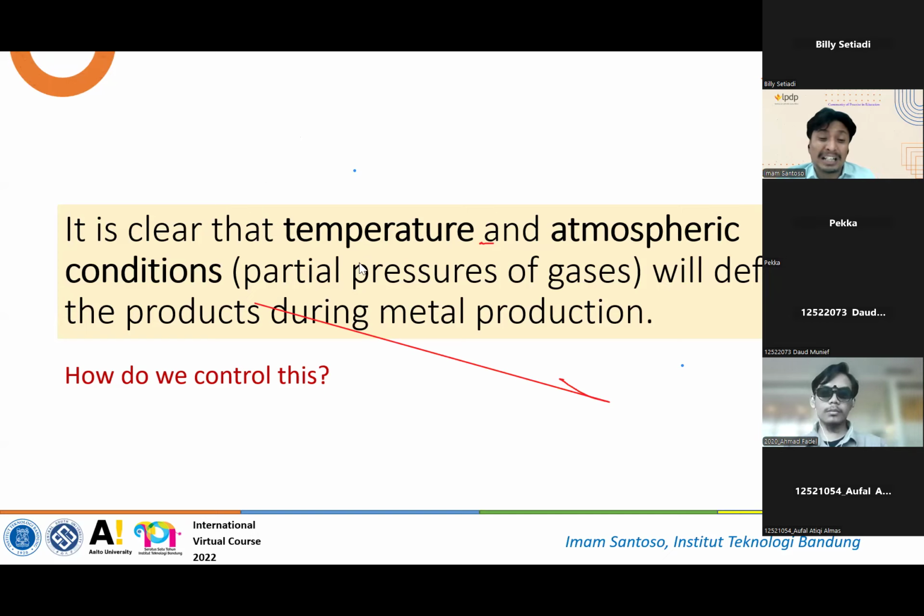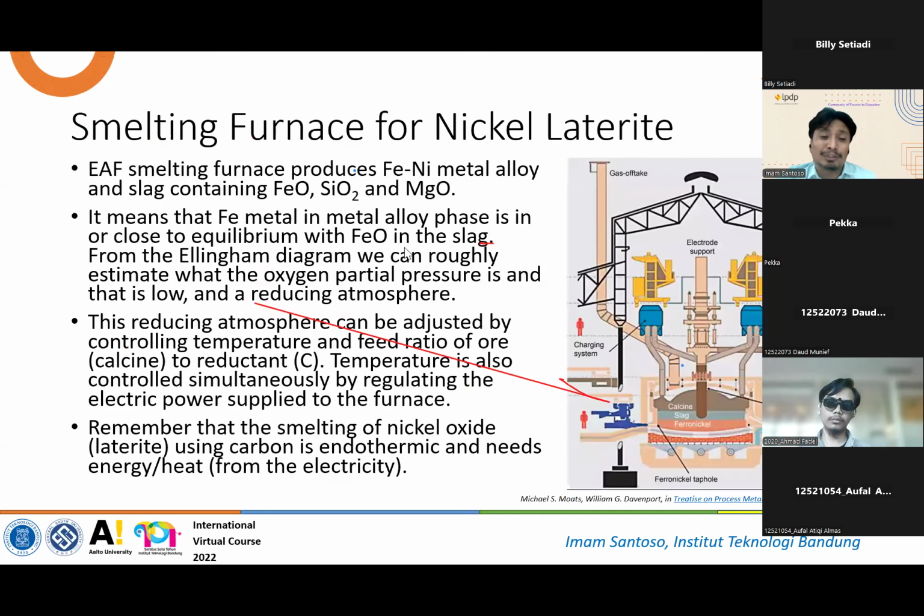If you define temperature, you will define the Gibbs energy. It will define the partial pressure of oxygen. It means it will define what phase is stable. Okay, then how do we control the temperature and atmosphere?